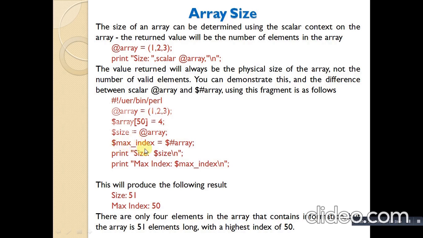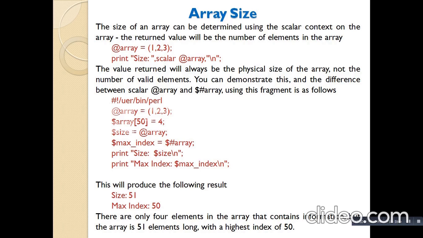$max_index equals $#array. What does it return? It returns the highest index value, which is 50. If we declare the array size as 50, then the highest index value becomes size minus 1, that is 49.